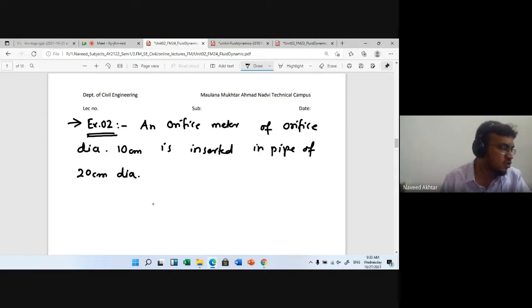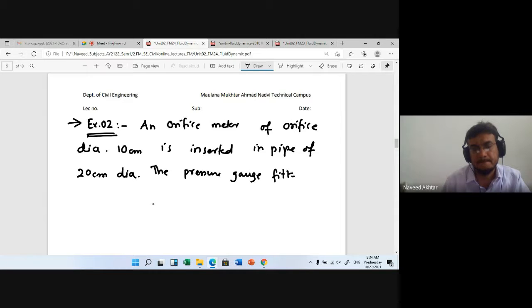The pressure gauges fitted on upstream, that is before the orifice in the direction of flow, and downstream.